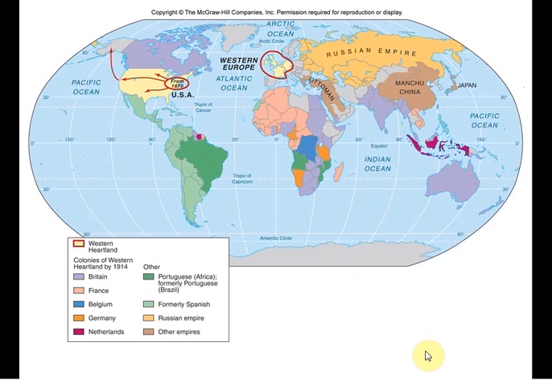But colonies, really, the colonization of particularly Southeast Asia, Africa, the Middle East, and South America, Latin America, really play a large role in the division of some of these regions. And we'll talk more about them as we hit these regions, why this is significant.